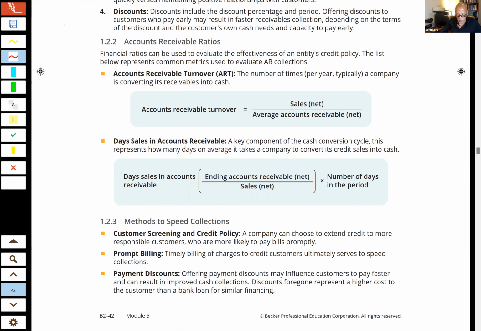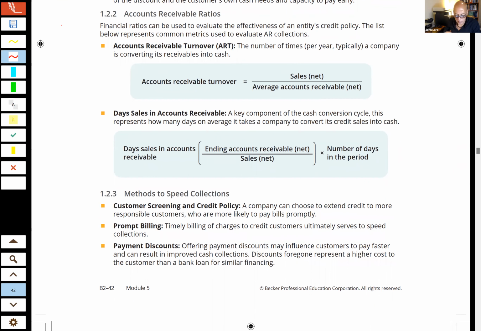Actually, days sales in accounts receivable, maybe we can look at that because that's a little bit different. It's not days in accounts receivable, it's days sales in accounts receivable. A key component of the cash conversion cycle, this is how many days on average it takes a company to convert its credit sales into cash. So it is a little bit of a different calculation than what we're doing for days in accounts receivable.